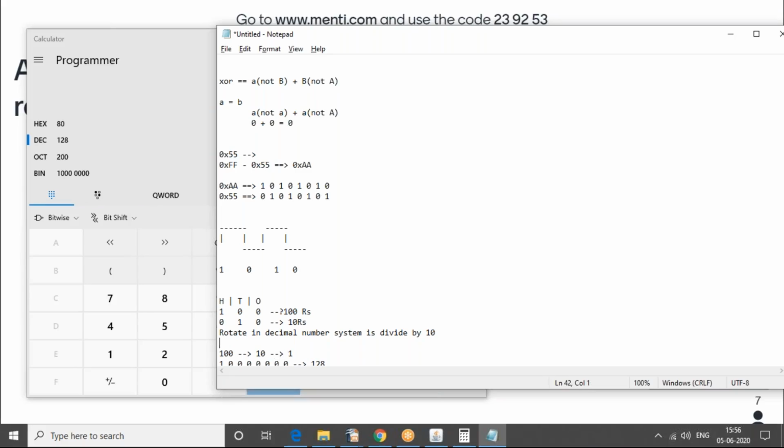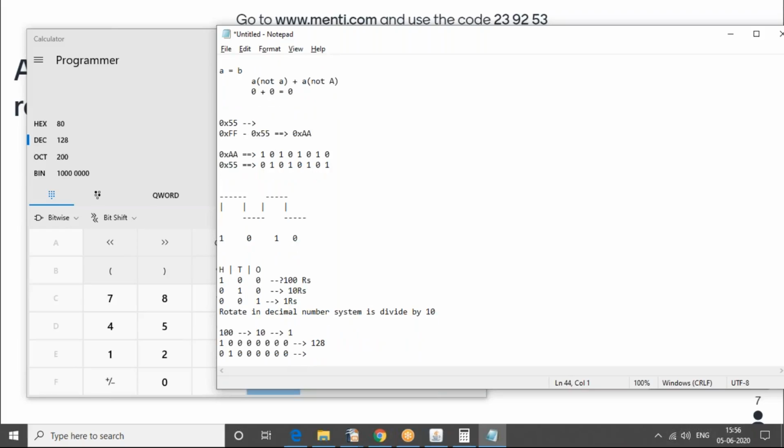If you rotate it by one more time, it becomes 1. So that's as good as dividing by 10 again. So it was 100, divided by 10 is 10, divided by 10 is 1. So similarly, in a binary number system, if you rotate, now you have a binary number system because you are rotating it by 1 bit.